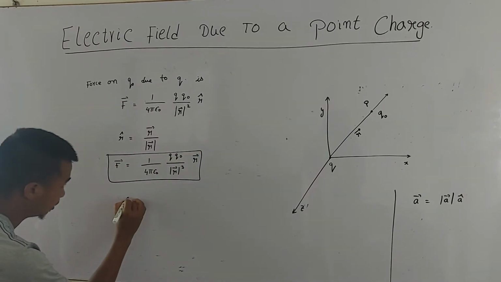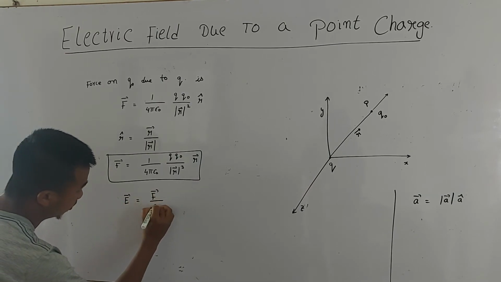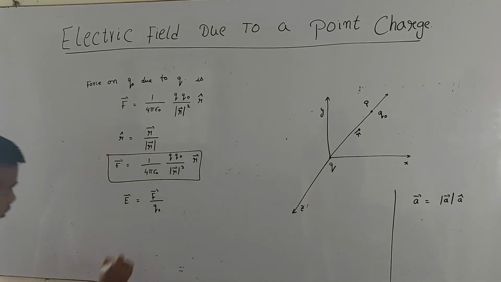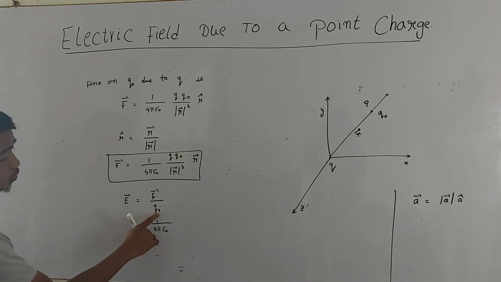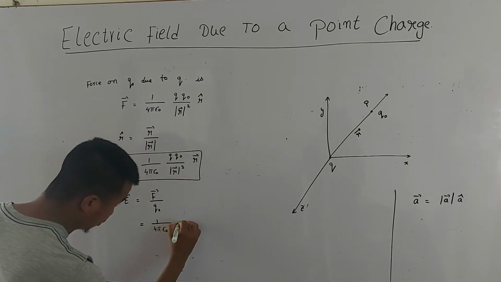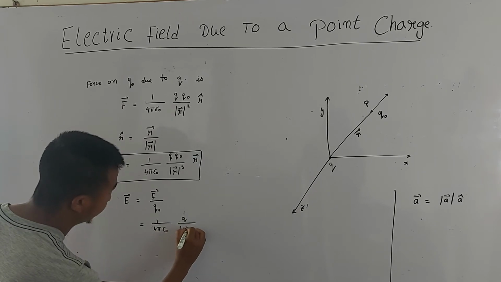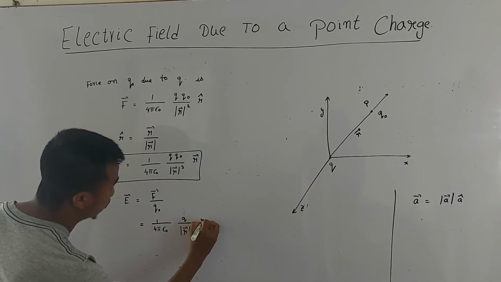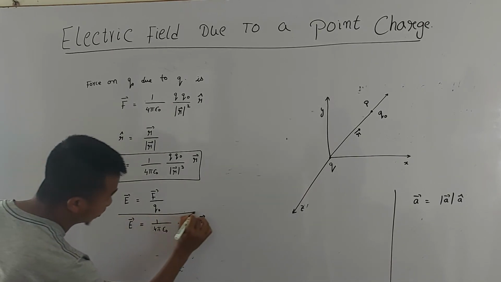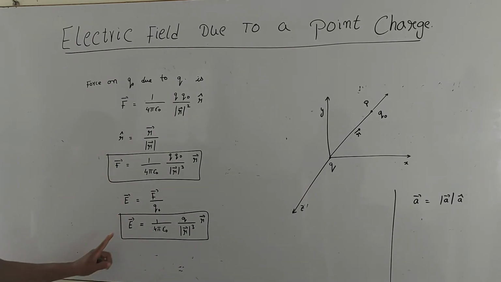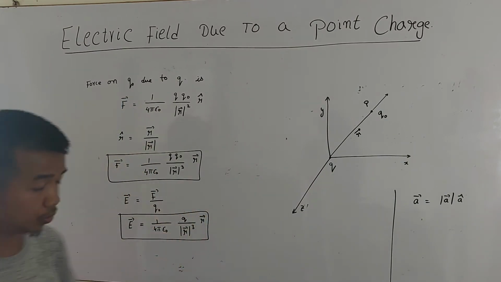By definition, electric field is F by Q naught. So from here, 1 by 4 pi epsilon naught, Q naught and Q naught will get cancelled. So we can write Q divided by mod of r cube, r vector. This is the vector representation of electric field at any point due to a point charge Q.